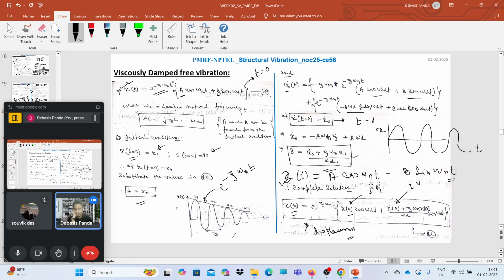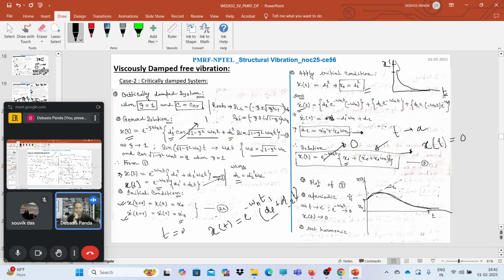Also we have solved for a and b, and this is the final equation for the displacement of the damped free vibration. For the underdamped case, the oscillation will occur, the system will vibrate and the amplitude will diminish as per the quantity of damping.